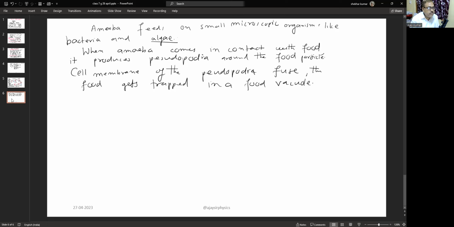Now, what happens when the food enters into the food vacuoles with the help of the pseudopodia and the cell membrane, which fuses the pseudopodia to trap the food?